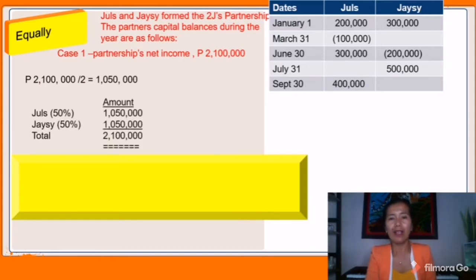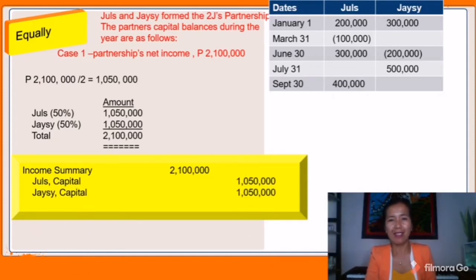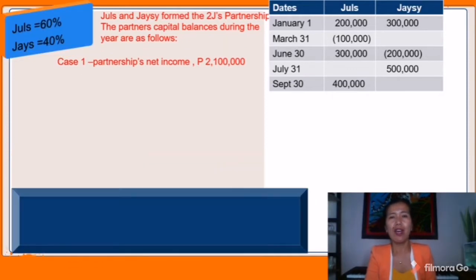Since the result of the operation is net income, our entry would debit Income Summary for 2,100,000, and we will credit the capital accounts of partners Jules and JC with the amount of 1,050,000 each, and that is our explanation.